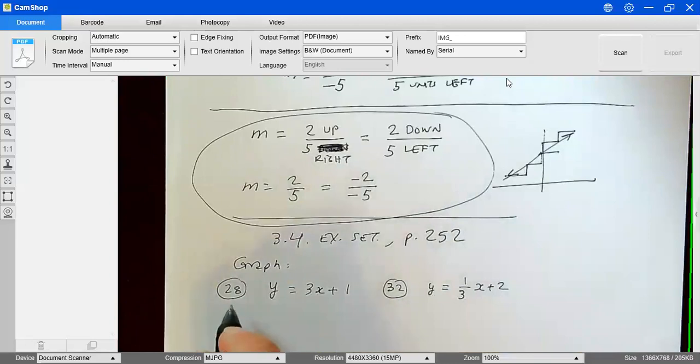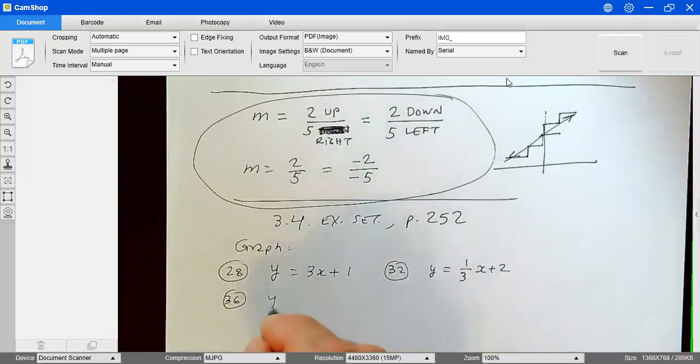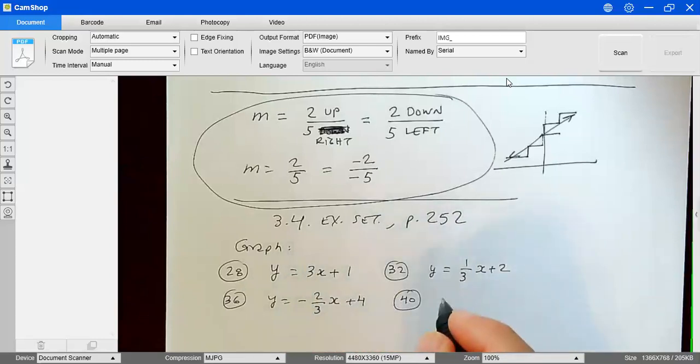Then 36 is y equals -2/3 of x plus 4. Then 40 is just 2x plus y equals 0.